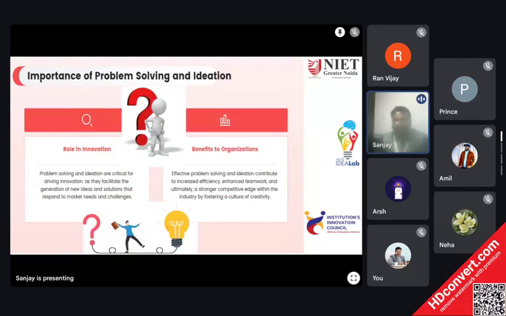If we are talking about the importance of problem solving and ideation, innovation plays a very crucial role in our life.